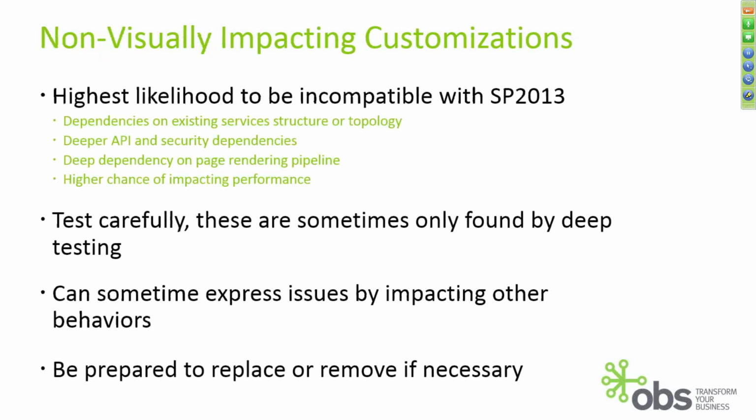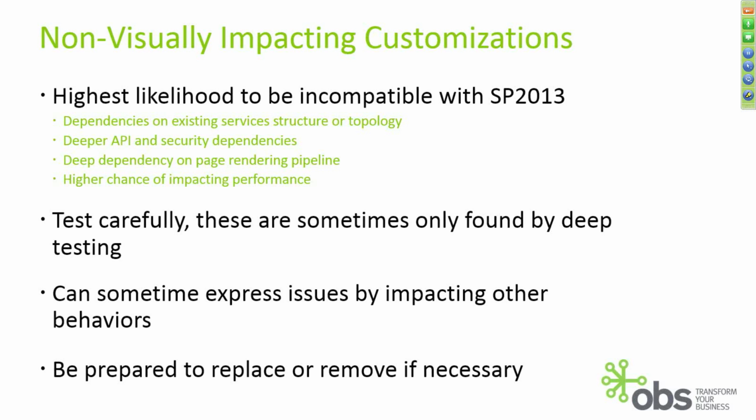With the non-visually impacting customizations, these are the most common ones that I see people forget, because these are things that run behind the scenes. Typically it might be a service that runs once a week that does something that visually you don't really know about, but it's critical to some of the business functionality. But they also have the highest likelihood of being incompatible with SharePoint 2013, because they're typically using parts of the APIs that have had the biggest amount of upgrading.